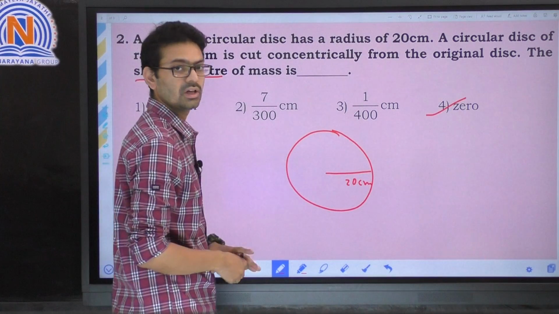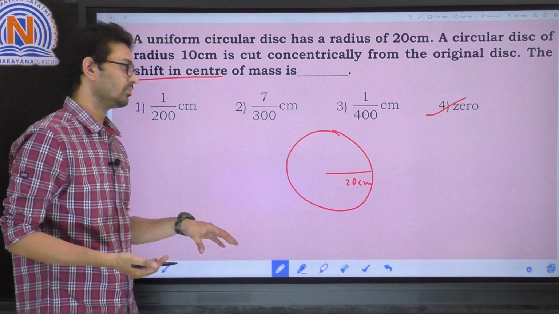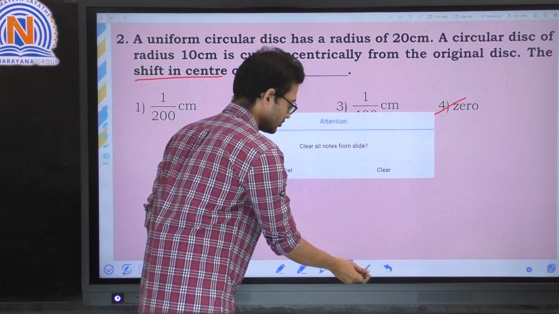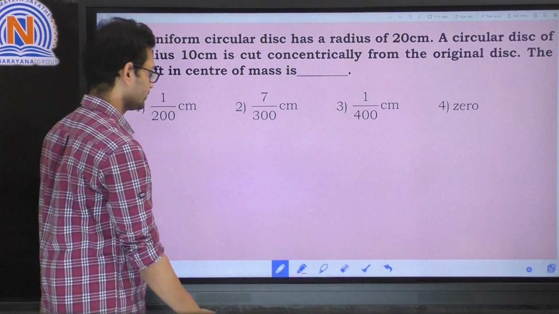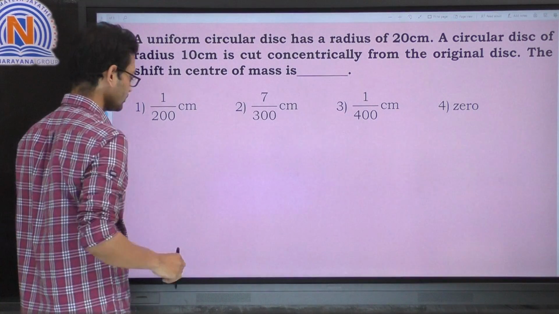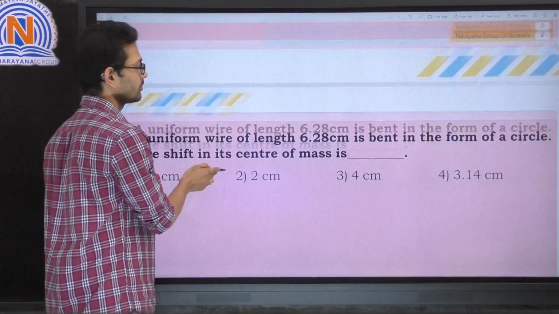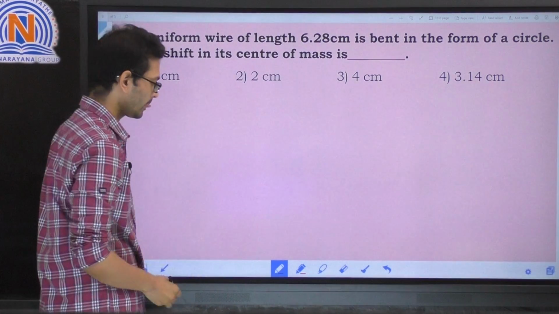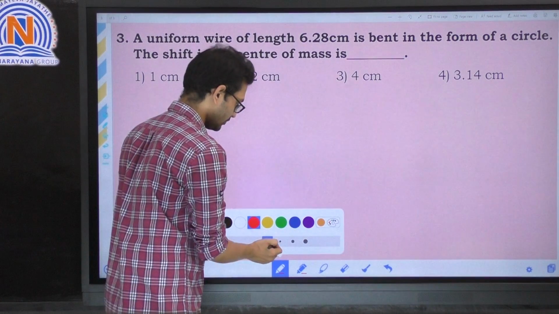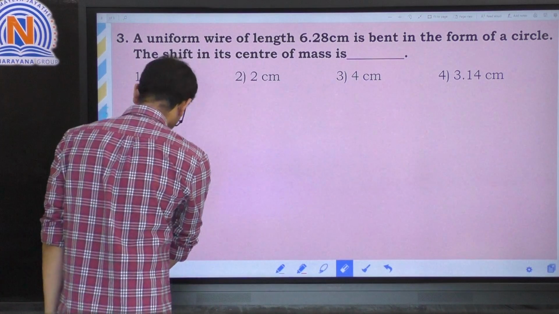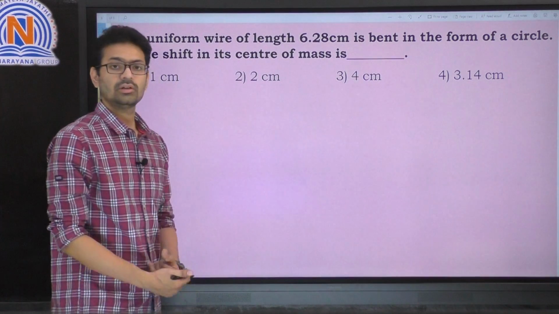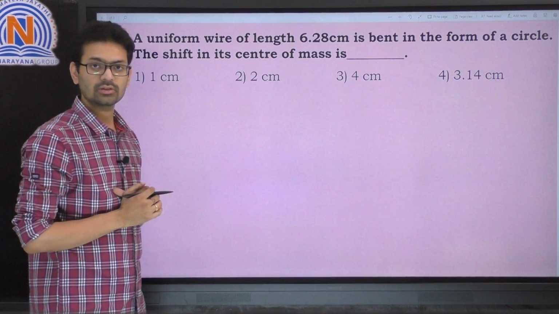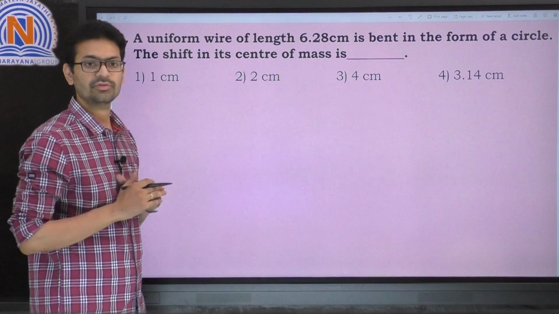Hope this is helpful. Let us get into the next problem. Your next problem is a uniform wire of length 6.28 centimeters bent in the form of a circle.